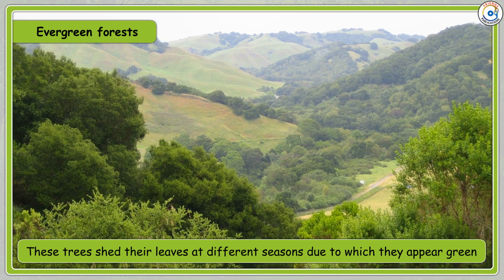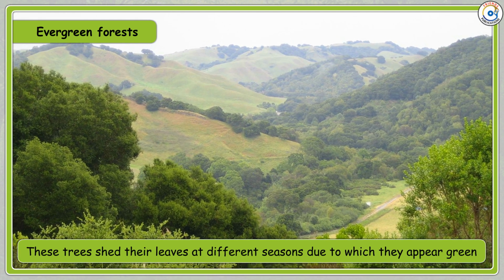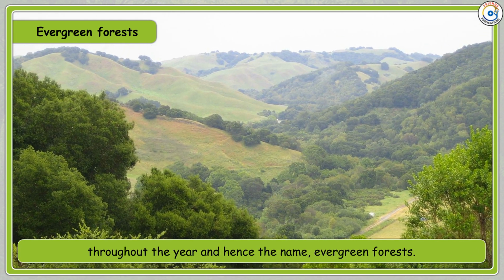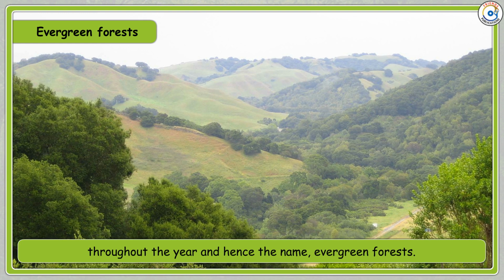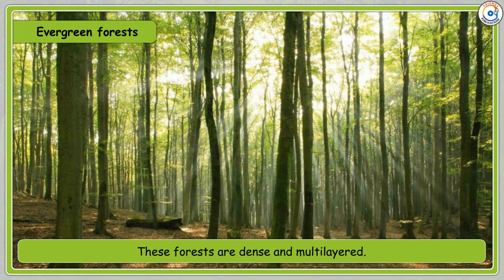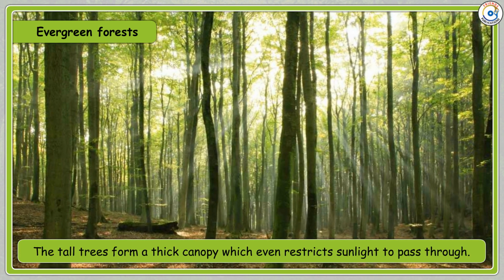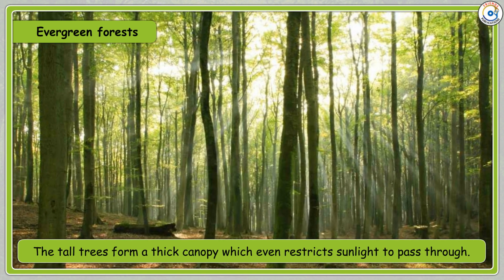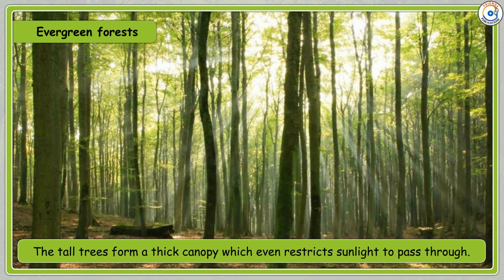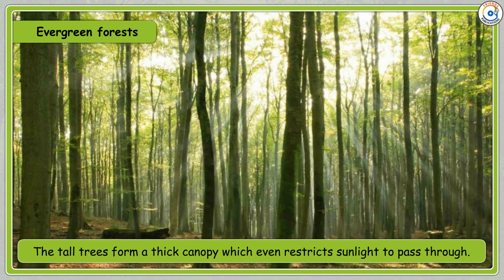These trees shed their leaves at different seasons, due to which they appear green throughout the year and hence the name evergreen forest. These forests are dense and multi-layered. The tall trees form a thick canopy which even restricts sunlight to pass through.